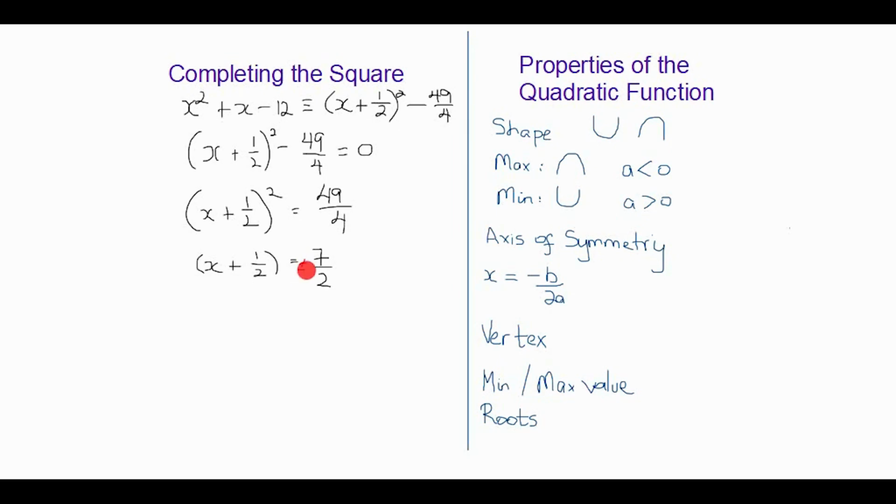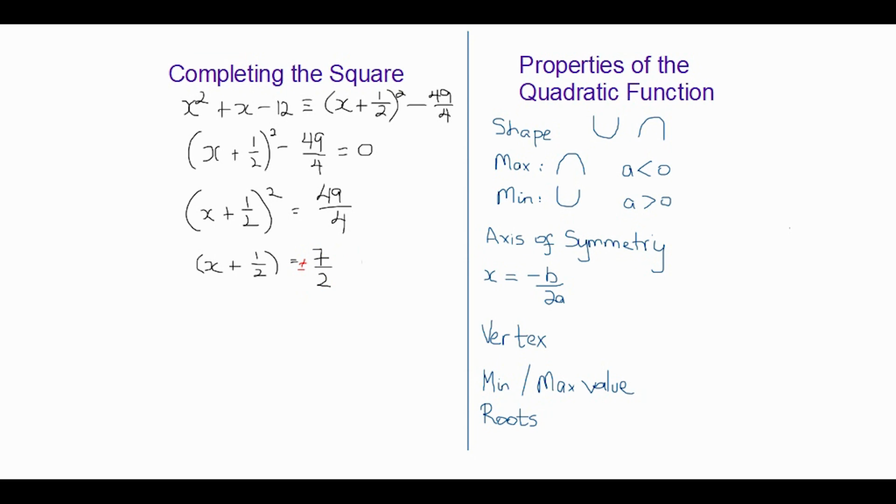So I include the plus or minus so that I remember that I'm considering both the positive 7 over 2 as well as the negative 7 over 2. And once I have these correctly stated here, when I try to solve for x, I'm going to get those two values for my roots.